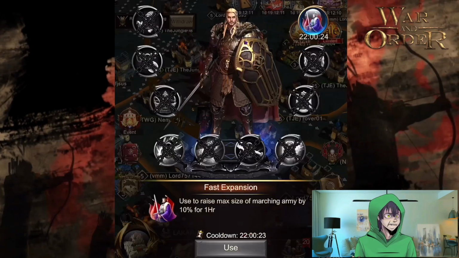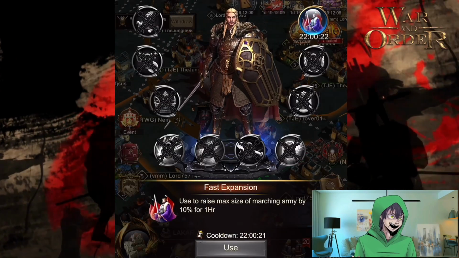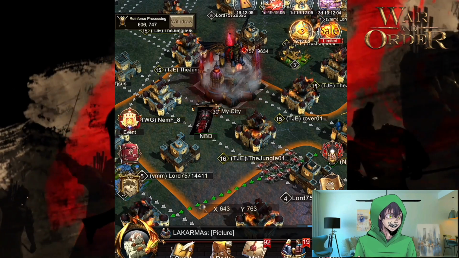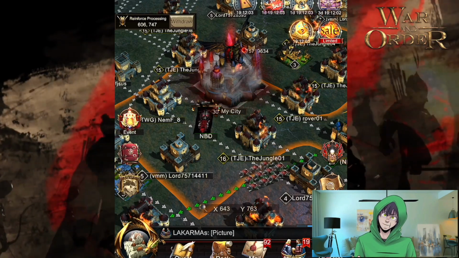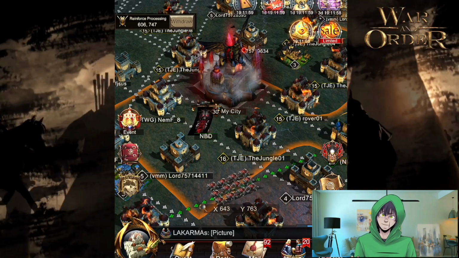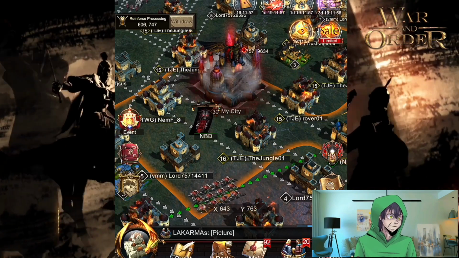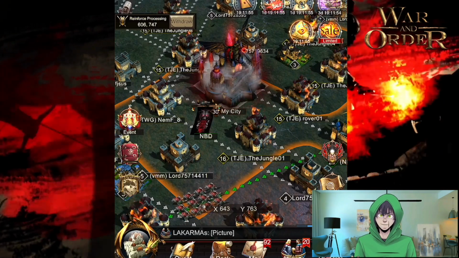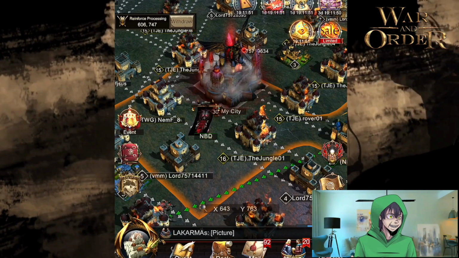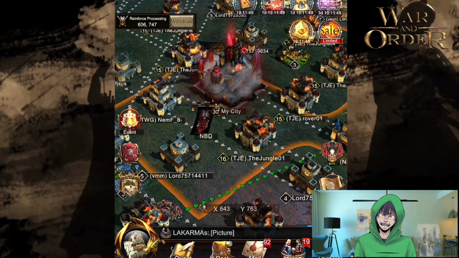When you do that, go ahead and buff your march size, and you can send more out at a time, and that'll help you get rid of more of your troops so you don't lose as many if you do get hit. The one thing you have to do here that I recommend highly is pay attention and don't log off for a ton of time without knowing that your troops are protected.